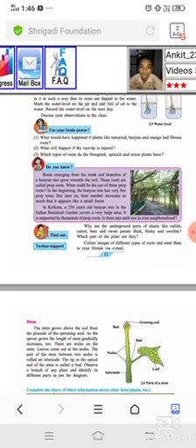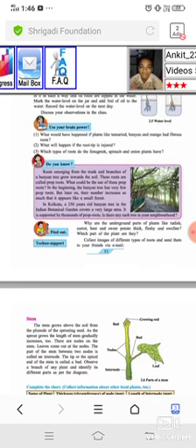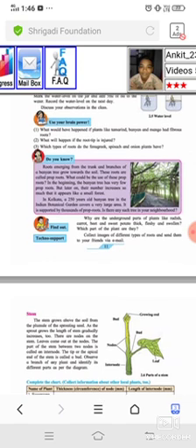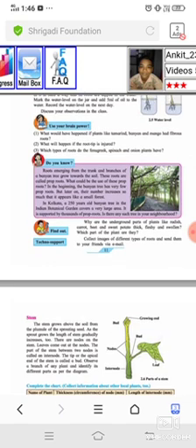Why do roots emerge from the trunk and branches of a banyan tree? A young banyan tree has very few prop roots, but later their number increases so much that it appears like a small forest.